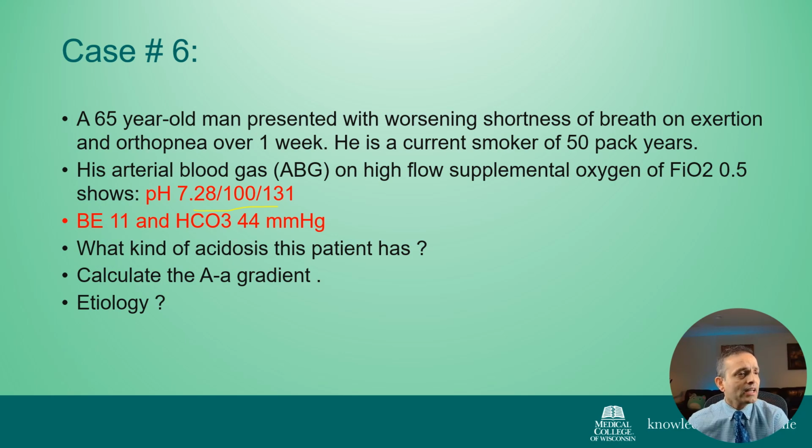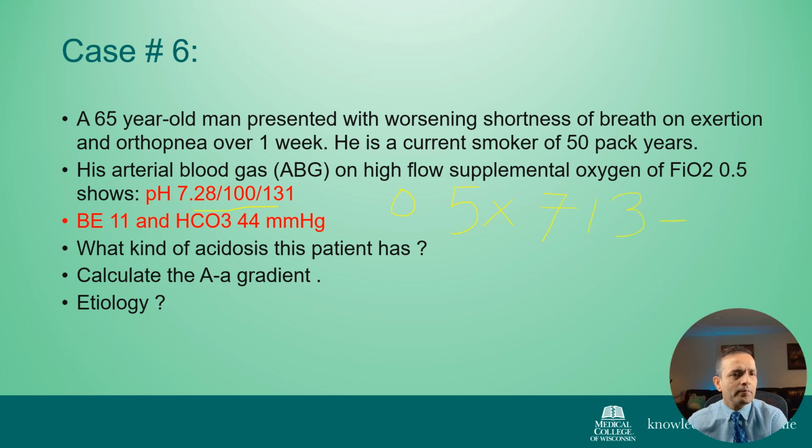So let's calculate the AA gradient here. The AA gradient is a little bit different in this case because the patient is not on room air here. The patient is on 50%. So the formula is going to be a little bit different. So you're going to put that 0.5 because that was the oxygen fraction, times 713.